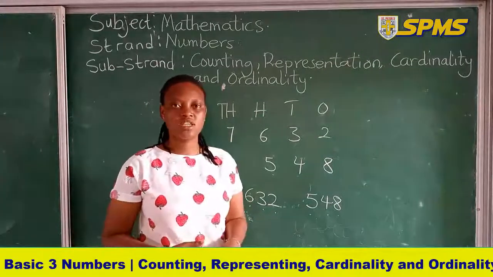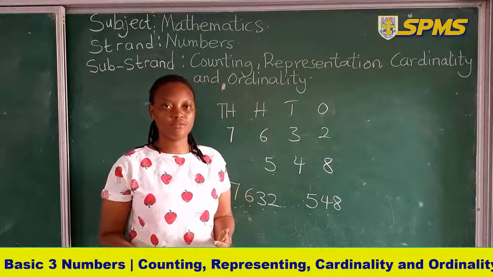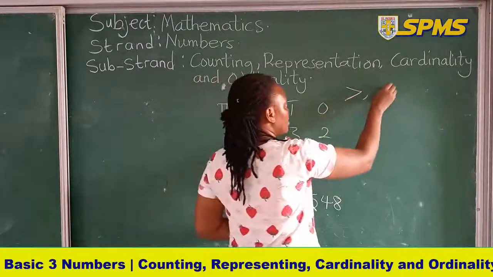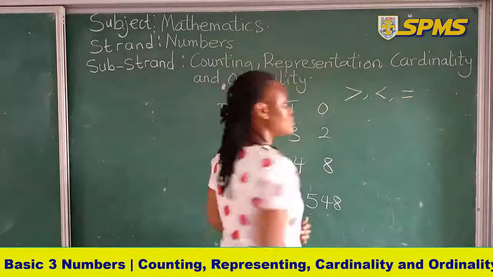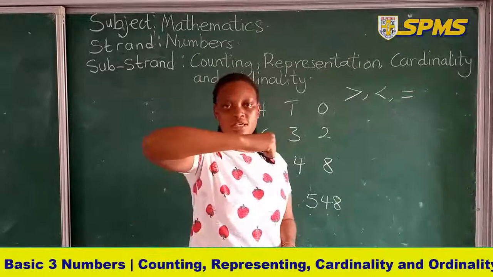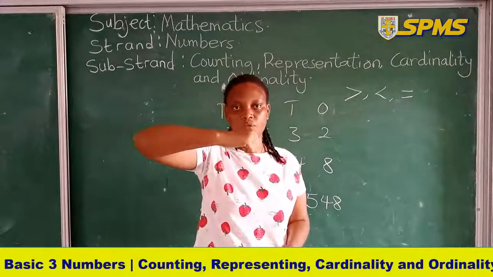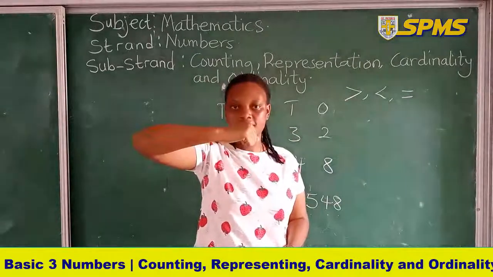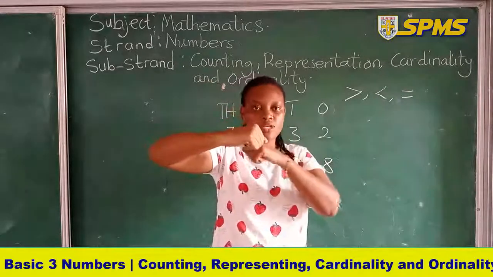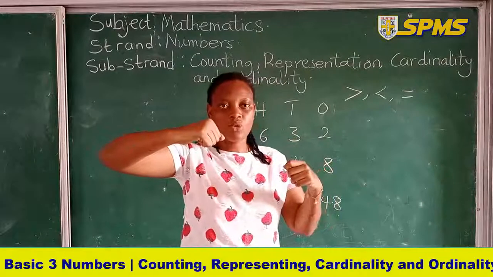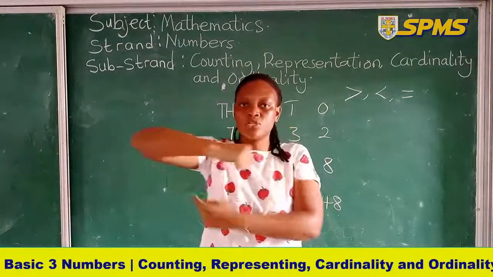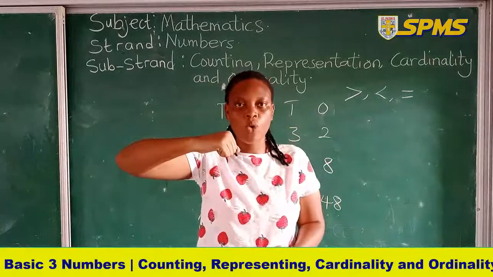So which symbol are we using? Now we have the greater than, the less than, and then the equal to sign. So greater than always comes in this form, with the right hand like this. So the mouth is always ready to swallow the big number, and then the elbow pushes away the small number.